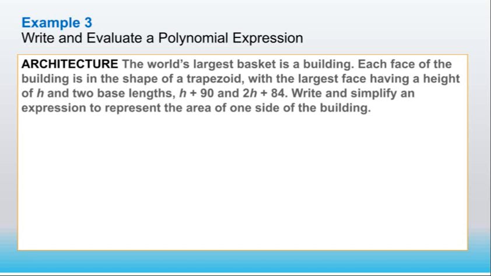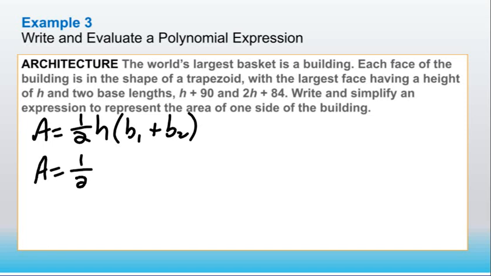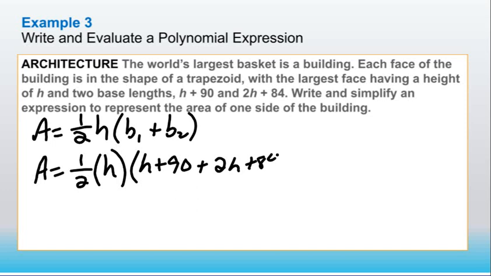Now, to find the area of a trapezoid would be 1/2 the height times base subscript 1 plus base subscript 2. So if I substitute the numbers in, I have 1/2. The height is h, and the base is h plus 90 plus 2h plus 84.